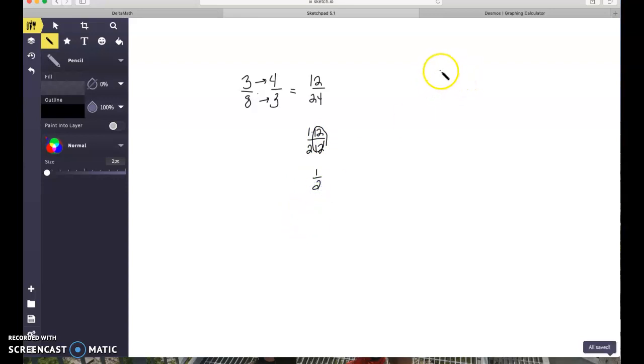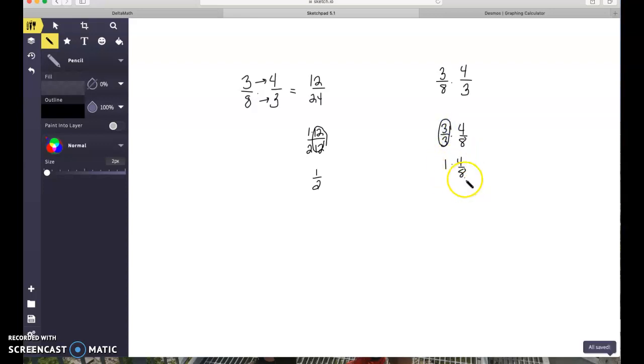You could also reduce this using the commutative property of multiplication and say, hey, I can move some things around here. I've got 3 divided by 3 times 4/8, and I know 3 divided by 3 is 1.